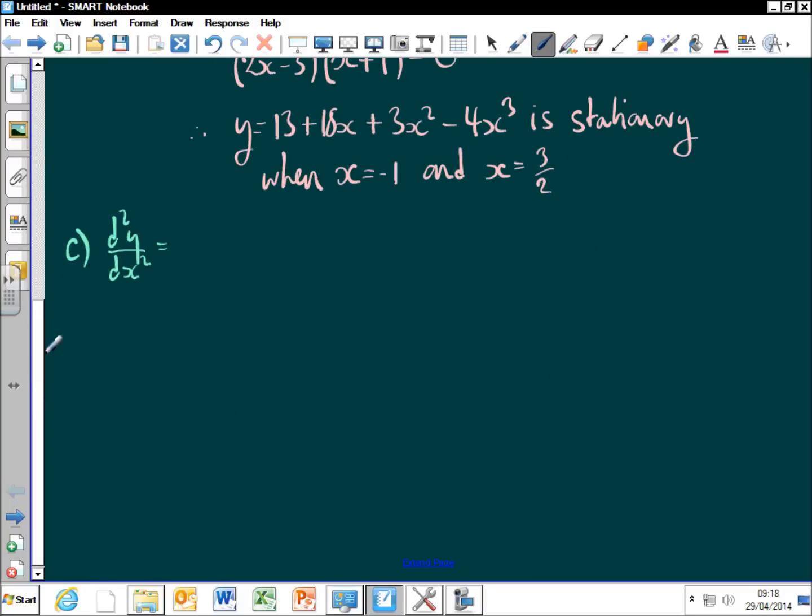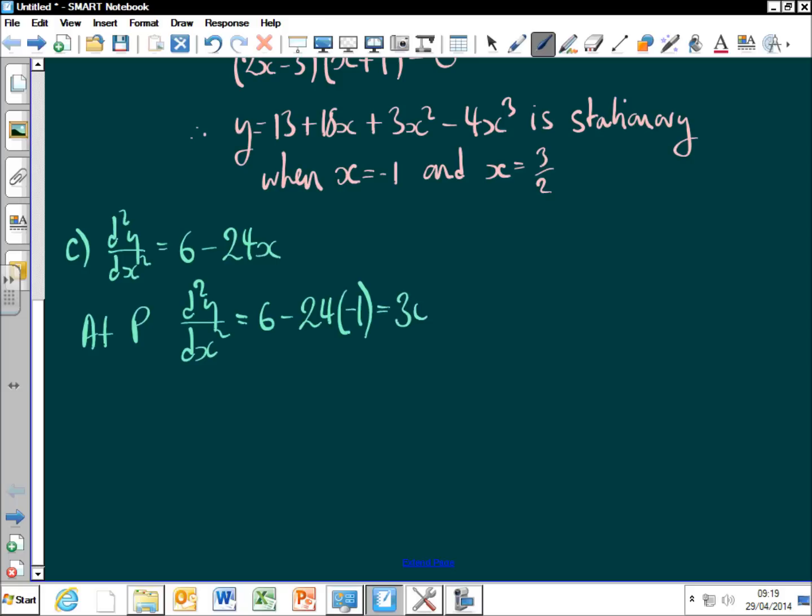So I get 6 minus 24x. So that's the second differentiation. And at point P, when x is -1, the second differentiation is equal to 6 minus 24. I'm going to sub in -1 there, because that's the value of x at point P. And I'm going to get 24 plus 6, which is 30. Okay.